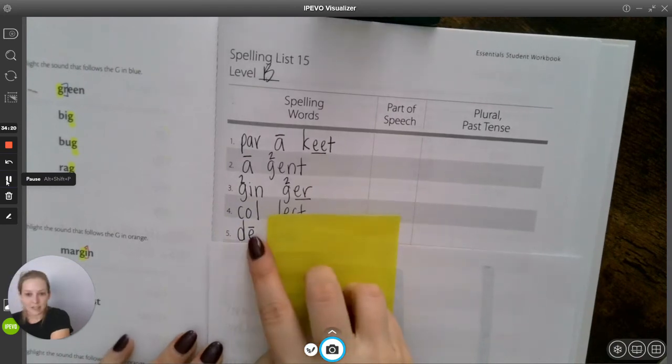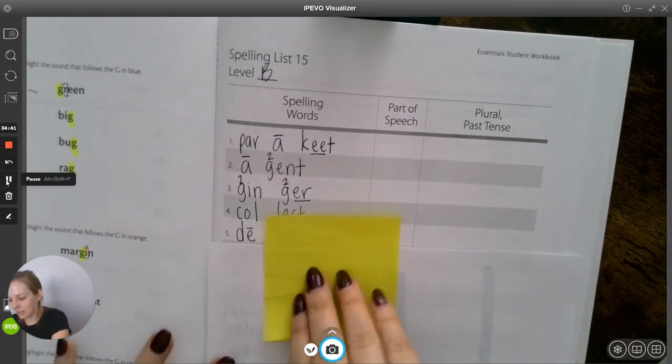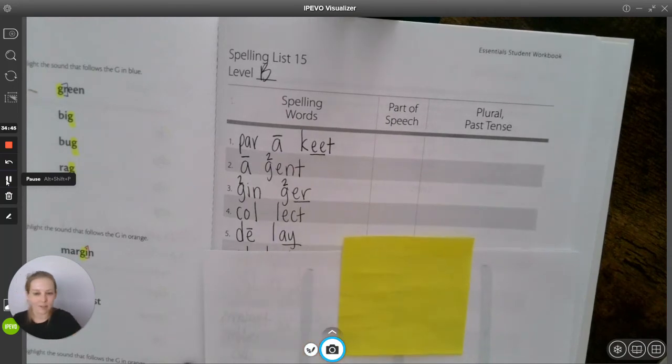E is saying its long sound, so put the macron over it. Second syllable is lay. Sound it out. O-A. Finger spell. O-A. Use 2-letter A that may be used at the end of English words. Underline that phonogram.